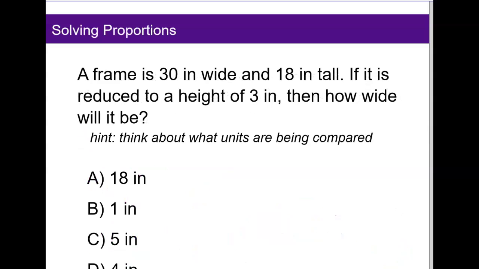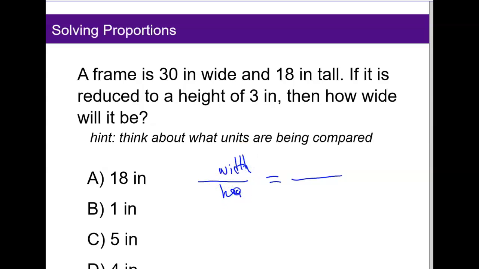All right, here's one for you to try on your own. Remember, you want to keep the units consistent. So when I look at this problem here, a frame is 30 inches wide and 18 inches tall. If it is reduced to a height of 3 inches, then how wide will it be? I'm comparing the width to the height.